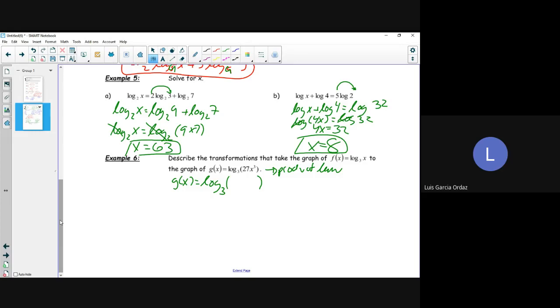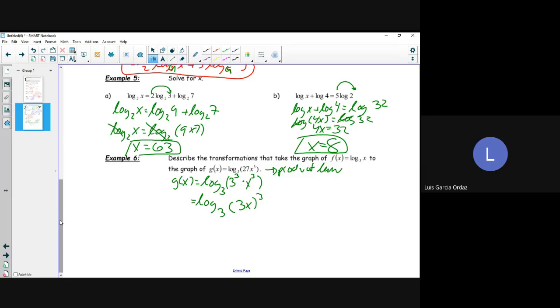And because we've done it so many times, we know 3 to the 3 gives us 27, and we can times that by x to the power of 3. Which means this gives us log base 3 of 3 times x to the power of 3.